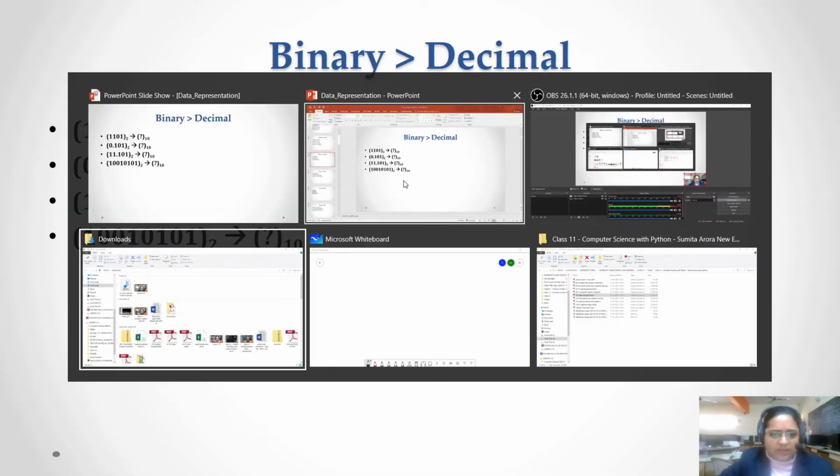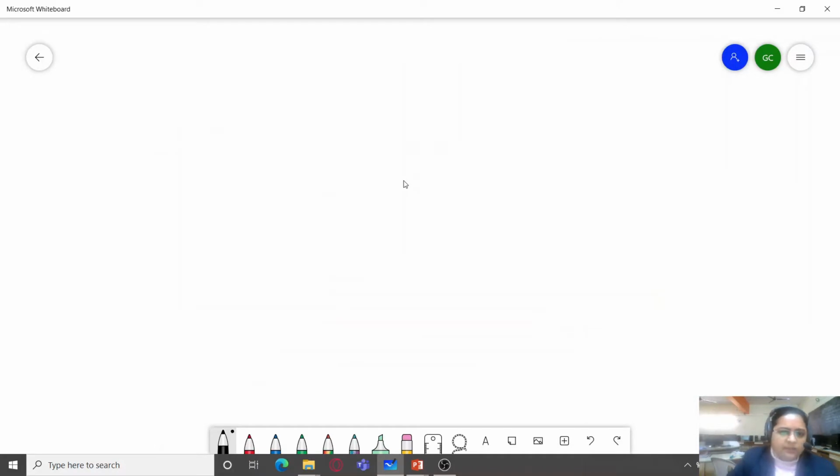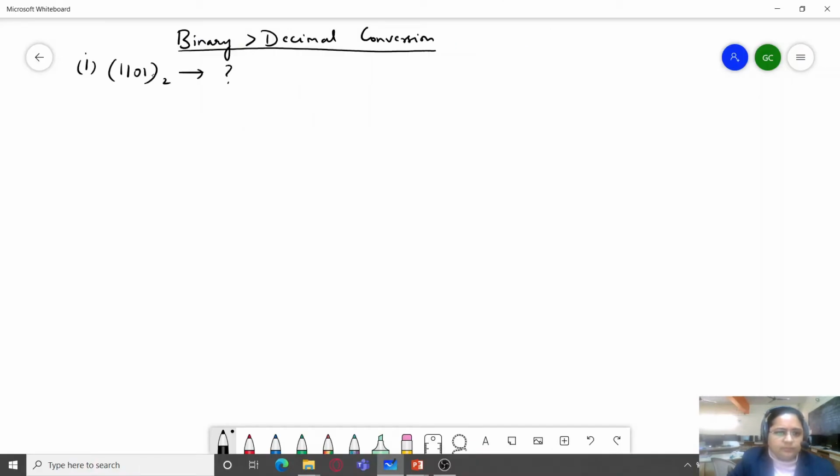So let's start with this one first, that is 1101. I'm going to write it here, binary to decimal conversion. Now in this, firstly you can see we have 1101.